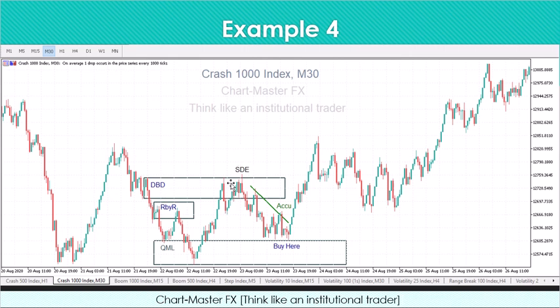Once the price engulfed this DBD, you can see that the price made an accumulation to the QM level here. We have a QM level here, which is also a good decision point that you can use.